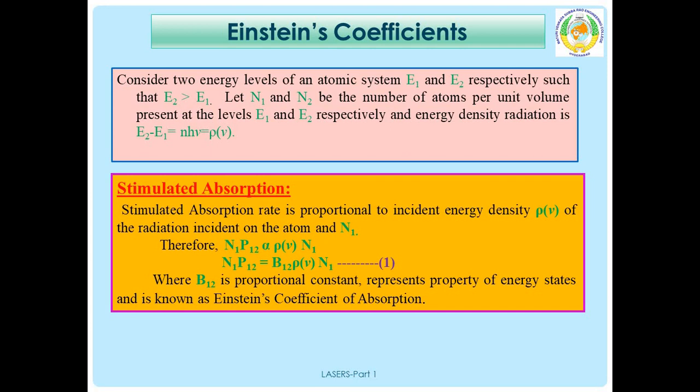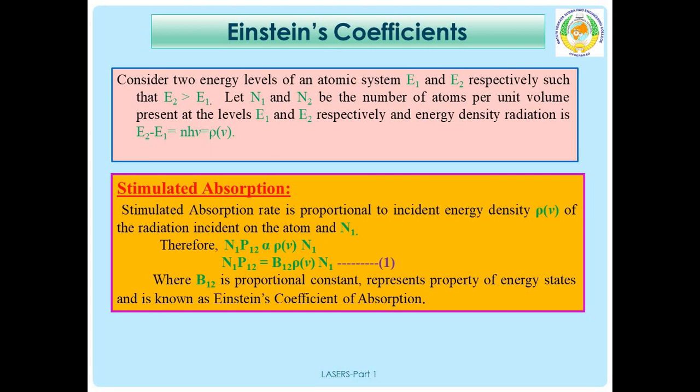Okay, so that means what? We have two energy levels, E1 and E2 respectively, such that E2 is greater than E1, and N1 and N2 are the number of atoms per unit volume present at the levels E1 and E2 respectively. And the energy density of the radiation that we are incident on the atoms is equal to the difference between the transition levels, that is E2 minus E1, that is equal to N h nu. h nu is the energy of one single photon.